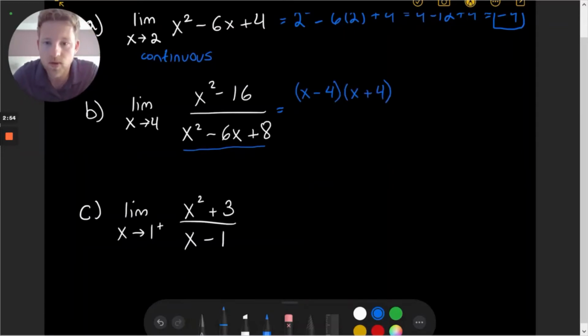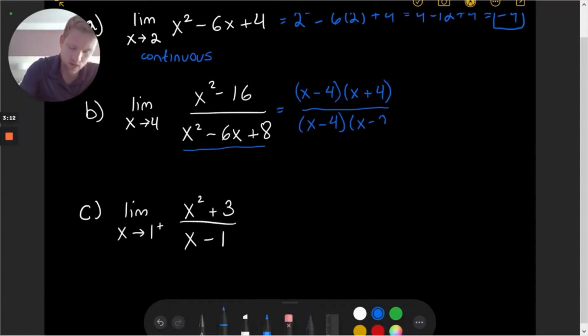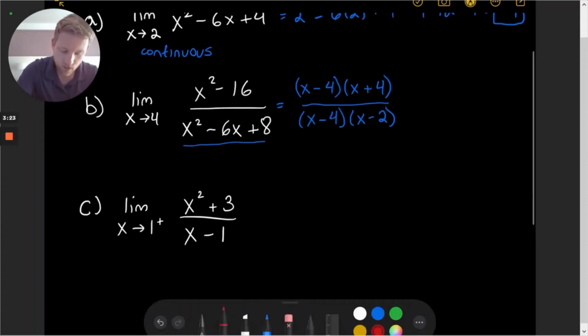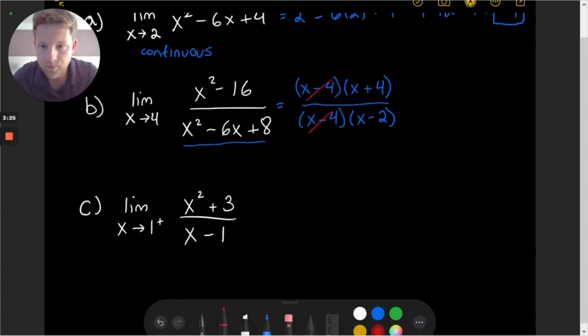And then we have a factoring of the quadratic in the denominator. We can say that would be x minus 4 again, and x minus 2. So we can see that there are some common factors in the numerator and denominator. This x minus 4 here can actually cancel.